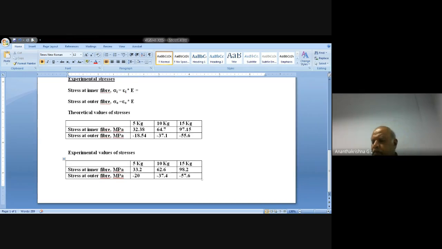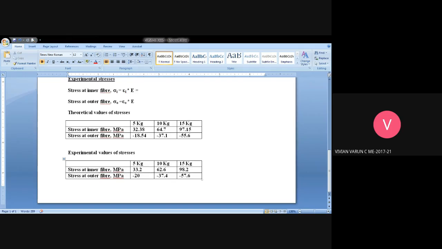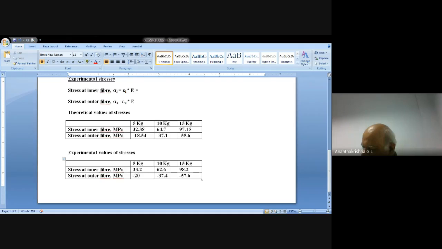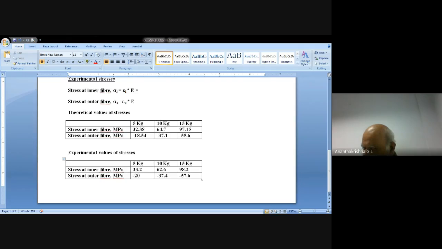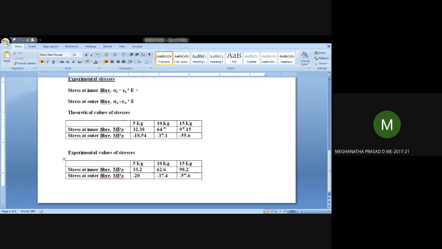Vidyan Prakash, present or absent? Varun, YP Pavan, present, sir. Dhyanesh, Gunasagar, present, sir. Meghnad, present, sir.